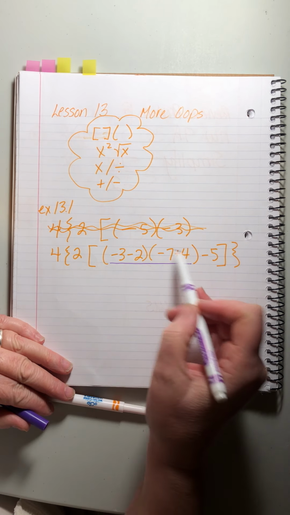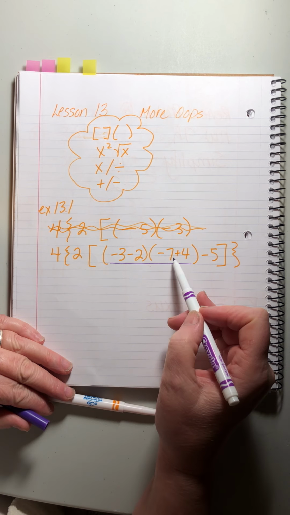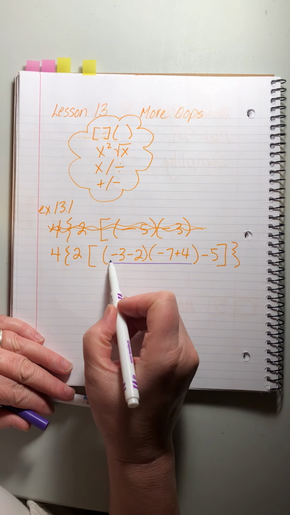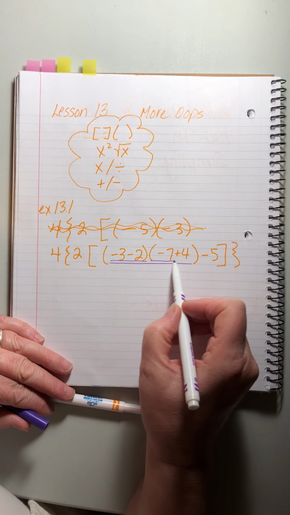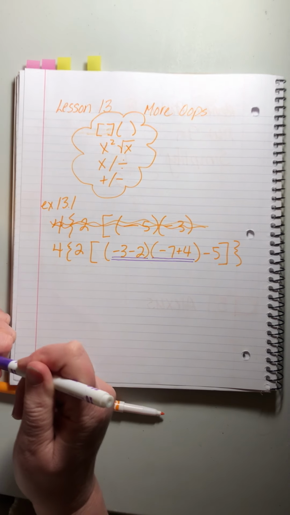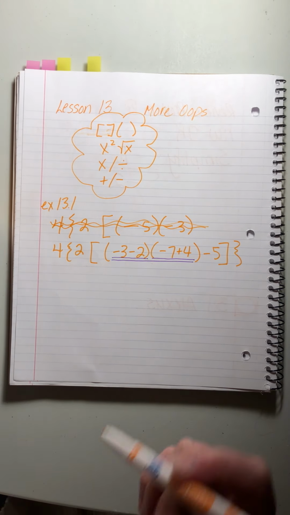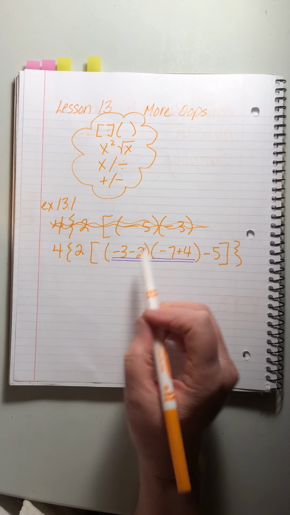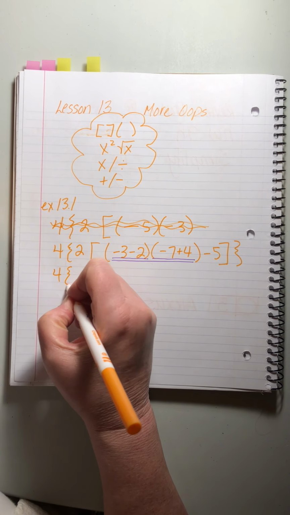The work inside of these two parentheses is multiplied times each other. So technically we could do it even like this, right? So the first thing we want to do is the work inside of these parentheses. This all stays the same.